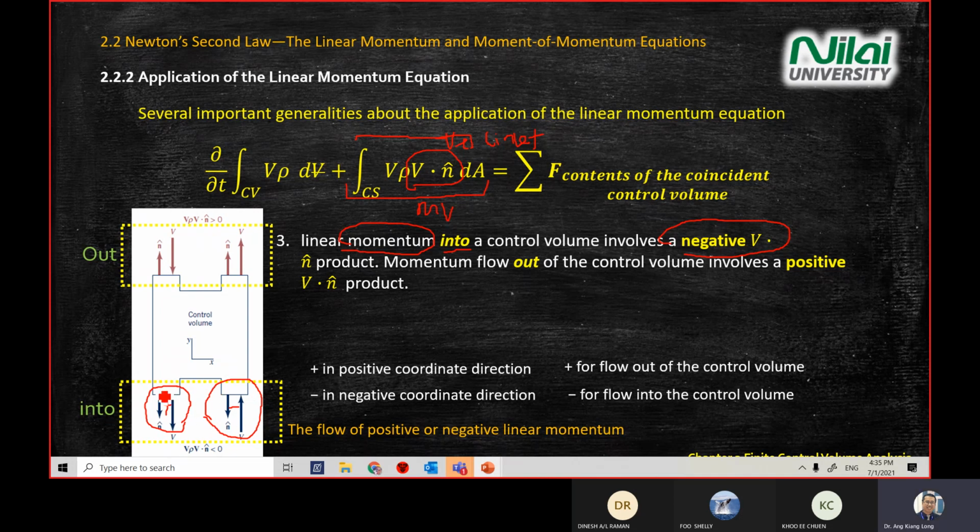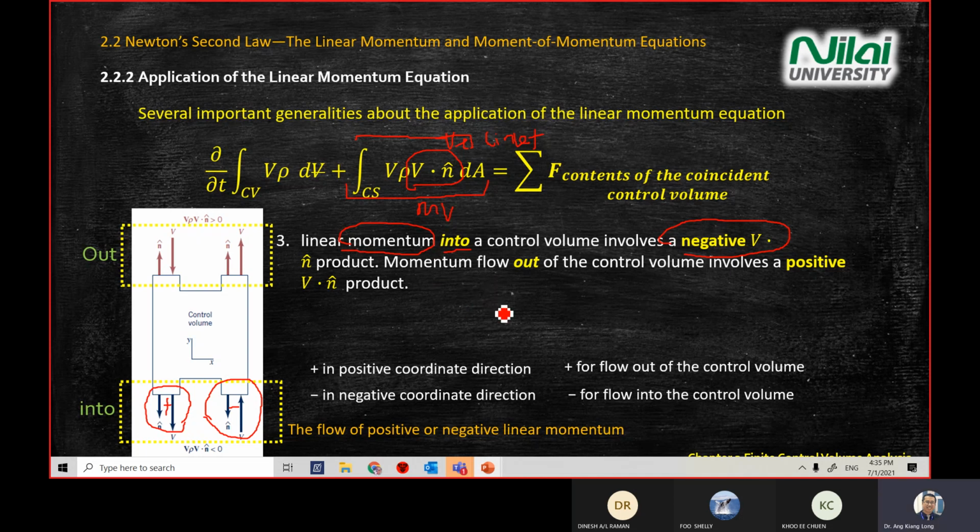If you have an inlet, no matter whether it's positive or negative, your linear momentum doesn't matter. The end product of rho v dot n hat will be less than 0. It will give you a negative value.